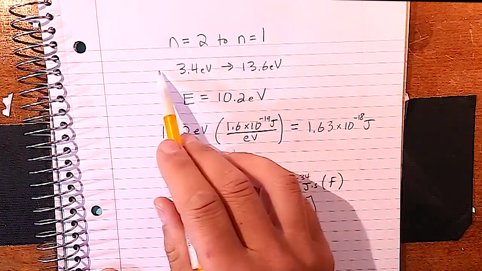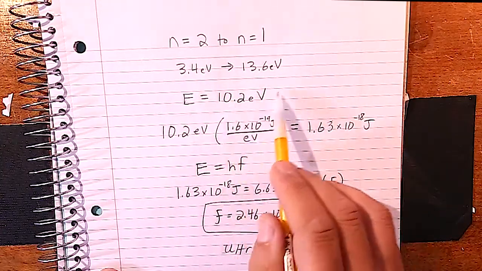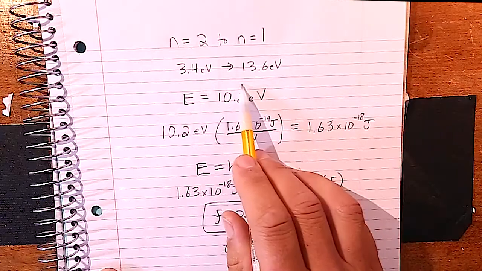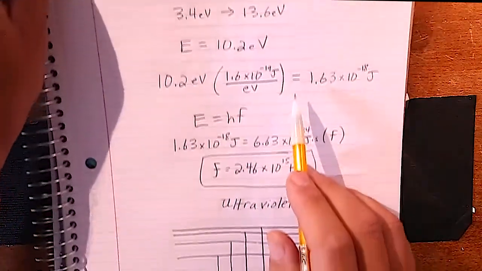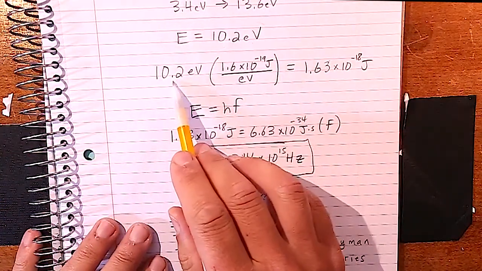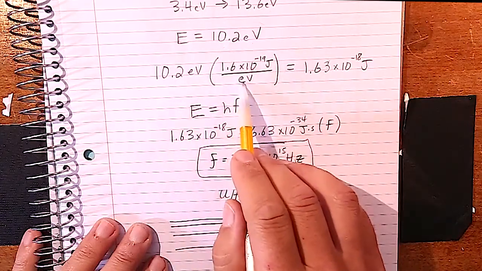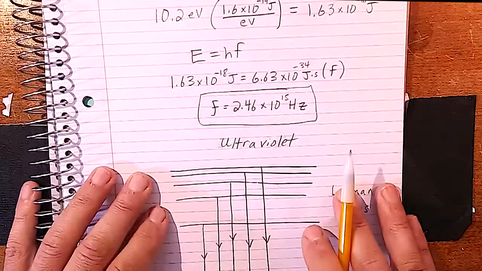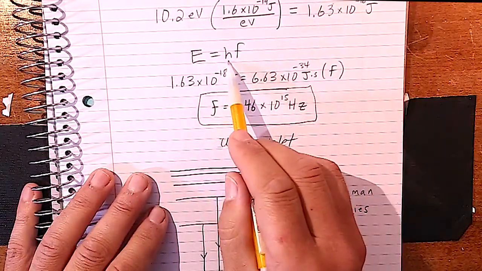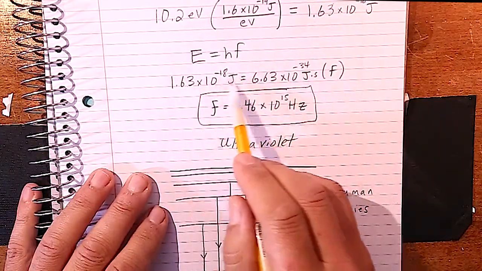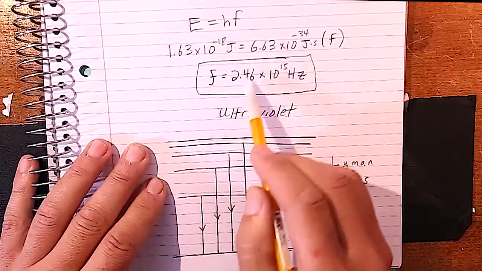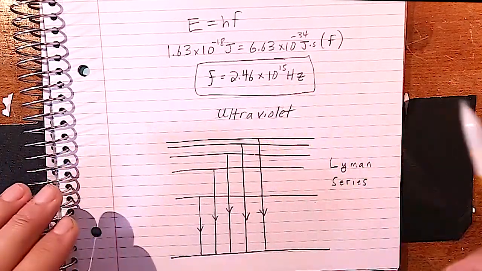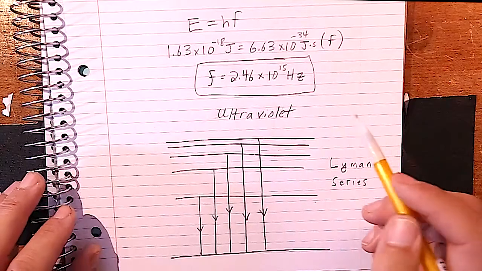We subtract them to find the difference. That's the energy of the photon. The problem is it's in electron volts, so we use our conversion factor to get the answer in joules. Once we have it in joules, we can use E equals hf, and we put in Planck's constant and solve for the frequency.